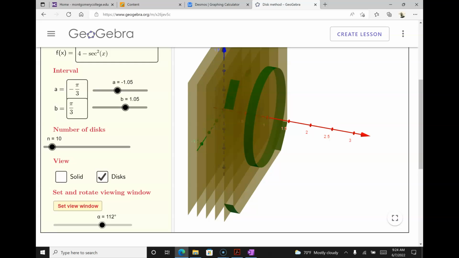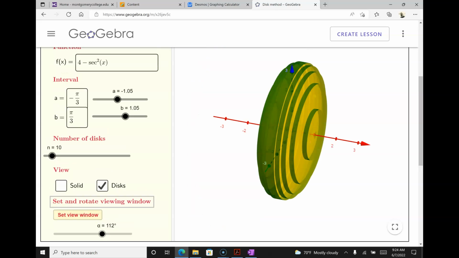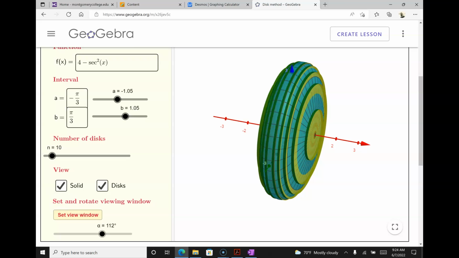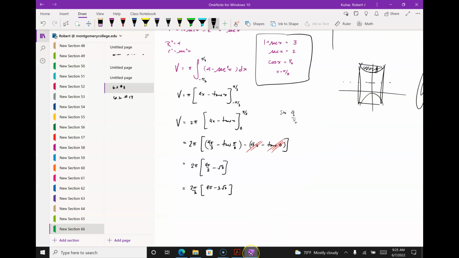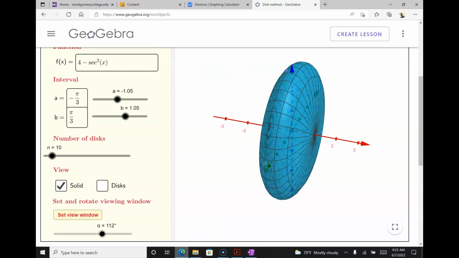Pretty nasty. It won't give me a good picture. It's solid. Yeah, it's funny. It's the tire, right? It's exactly the tire. But this particular one doesn't. I don't get to see the nice interior for some reason.